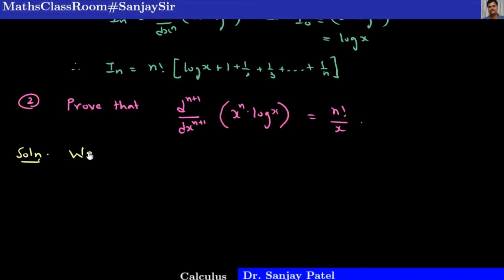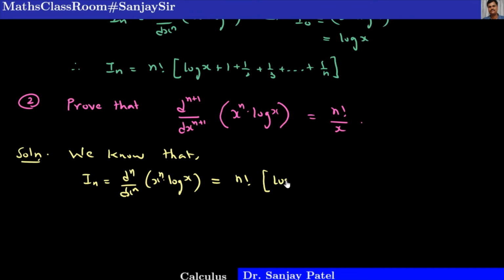So first you have to write down the solution of this. We'll write that we know that In is equal to d^n by dx^n of x^n into log x, which implies, what we can write, this is equal to, we have proved that this is equal to n factorial into log x plus 1 plus 1 by 2 up to 1 by n.